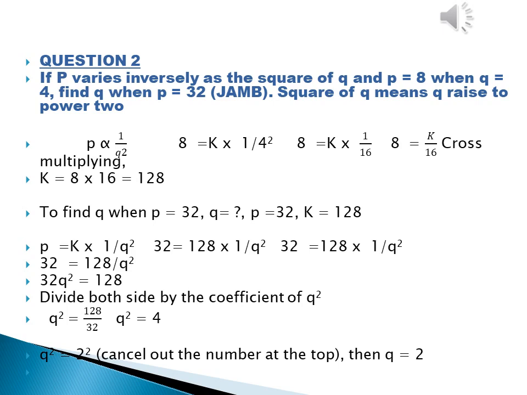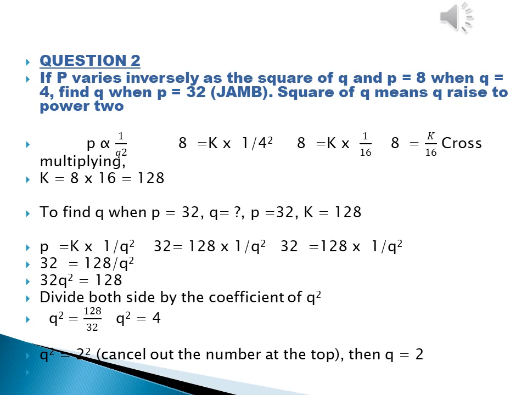So divide both sides by the coefficient of Q square. The coefficient of Q square is the number that is attached to Q square, which is 32. So Q square will be equal to 128/32. Q square will be equal to 4. So we have to look for a number that we can raise to 2 that will give us 4.